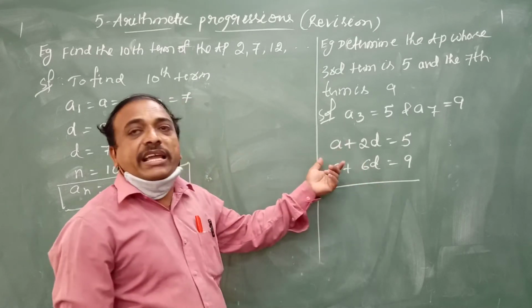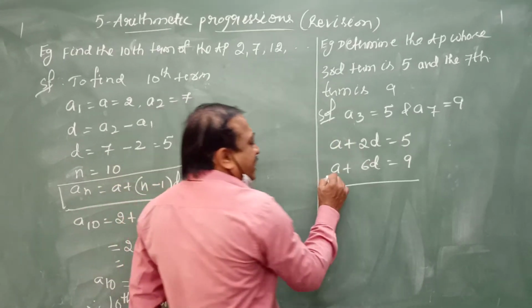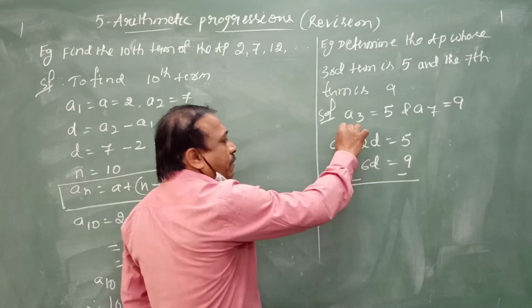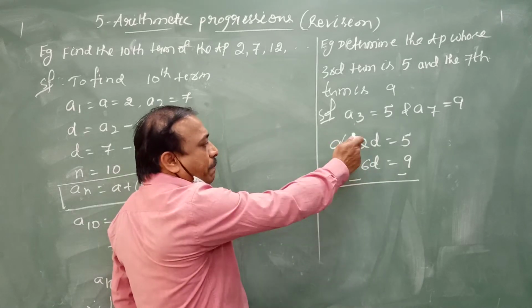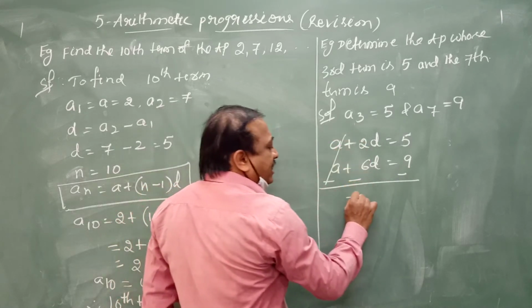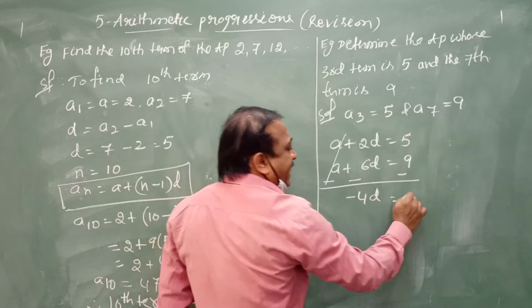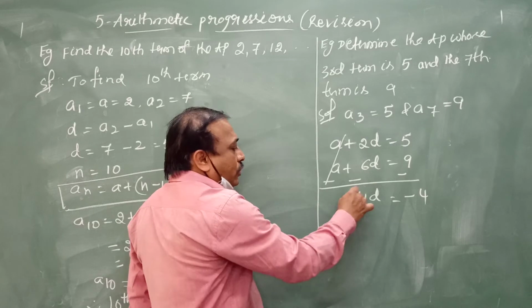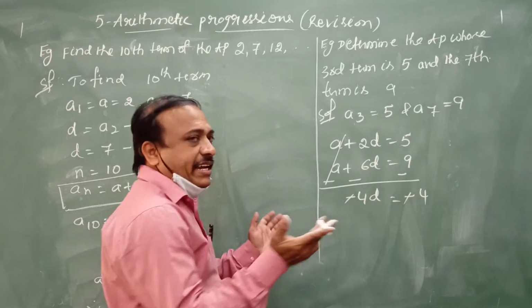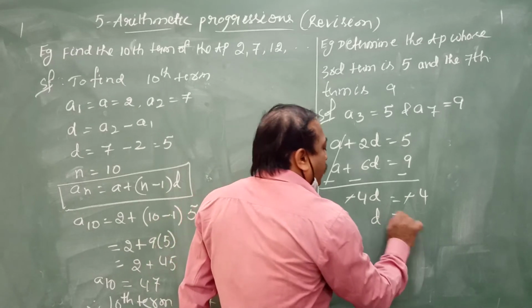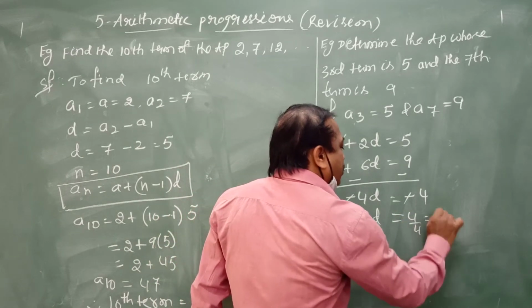Now we are using the elimination method. Solving these two, subtraction: a minus a gets cancelled, 2d minus 6d, which is nothing but minus 4d, is equals to 5 minus 9, which is minus 4. Both sides have the same sign, so minus cancels, then d is equals to 4 by 4, which is equals to 1.